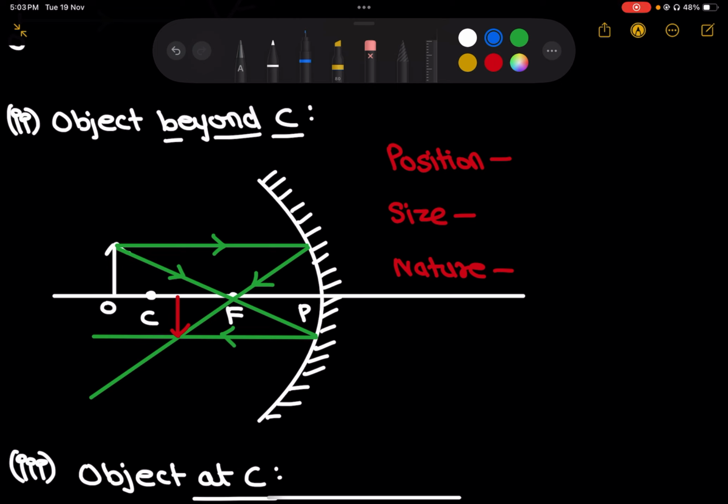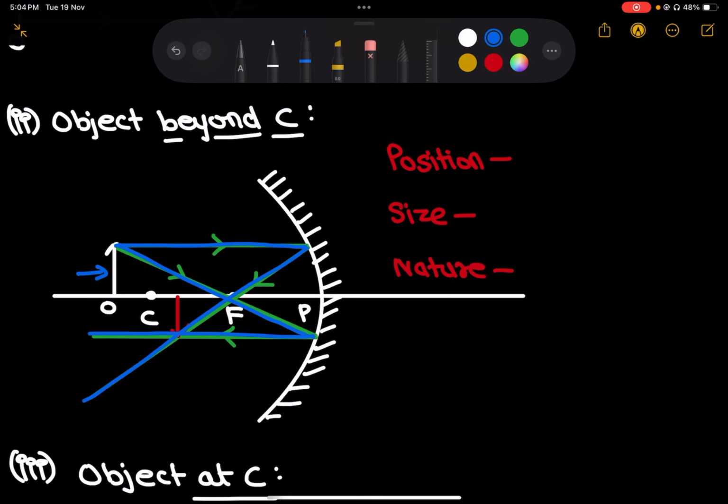The rays coming from there are parallel. But here, the rays are not necessarily parallel. So here we have an object O here, as you can see. Now we direct a ray parallel to the principal axis. It passes through the focus, right? Now, if we direct a ray through the focus, it will pass parallel to the principal axis.